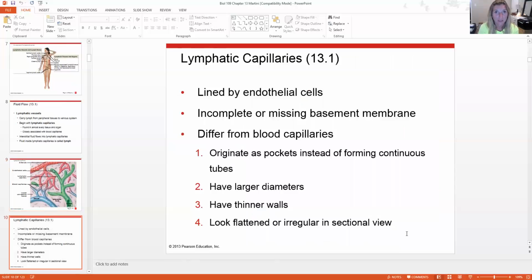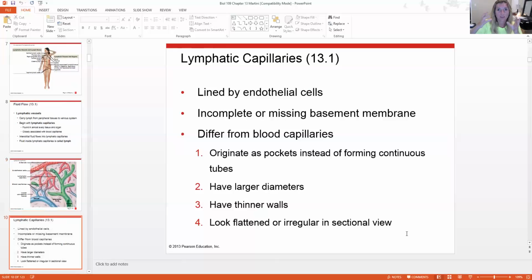They're lined with endothelial cells, just like the inner linings of our blood vessels. They have an incomplete or sometimes missing basement membrane, so they're very loosely formed. They're not highly organized or specialized. They differ from blood capillaries because they originate as pockets instead of forming a continuous tube.